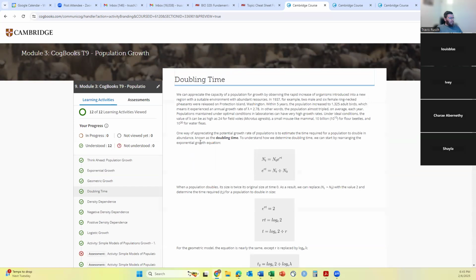Okay. And then it gets into doubling time. And what is that in a nutshell, briefly? Basically just doubling in abundance, like number. Yeah, so it has to do with doubling in abundance, absolutely. But here we have N of t, so it's time, right? So we're interested in how long it would take a population to double in size or in numbers.